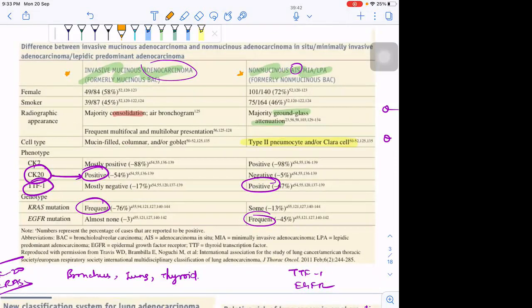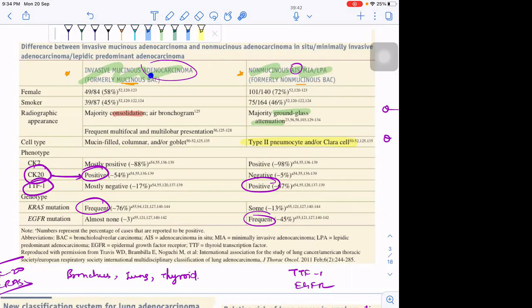Simply remember: mucinous, formerly known as mucinous bronchial carcinoma, and this is previously known as non-mucinous bronchial carcinoma. Sorry, this is the difference: non-invasive mucinous adenocarcinoma versus non-mucinous adenocarcinoma in situ, or minimally invasive adenocarcinoma, or lepidic predominant adenocarcinoma. So what is the difference between them?